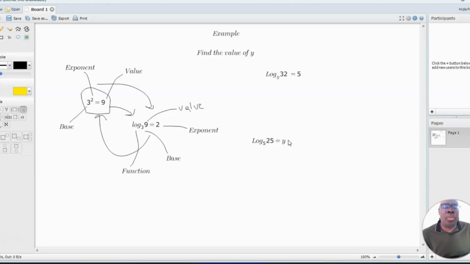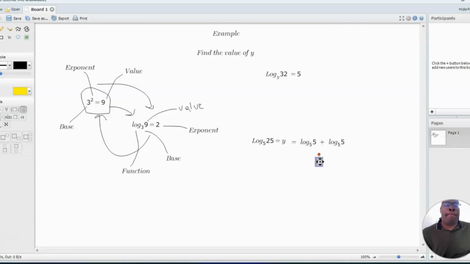So we split this into 2. We now have log 5 of 5 plus, again, the same log 5 of 5.